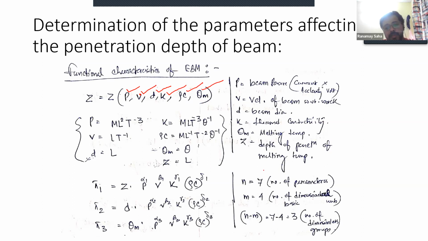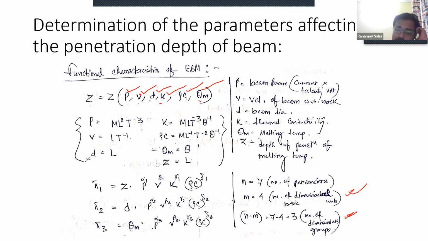Now, in Buckingham Pi, you have to find out the number of basic dimensional units, and then you have to find out the number of dimensionless groups by subtracting the basic dimensions from the total number of parameters. So in this case, we have 1, 2, 3, 4, 5, 6 and 7. Including Z, we have 7 parameters. Okay.